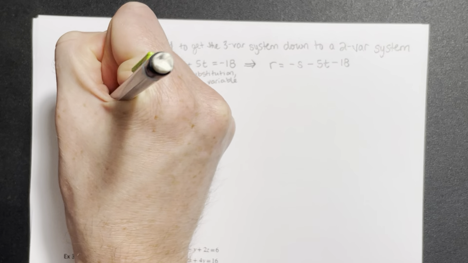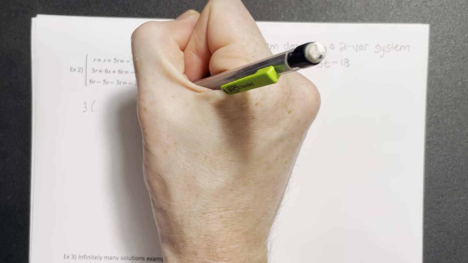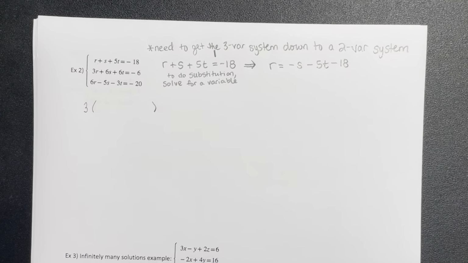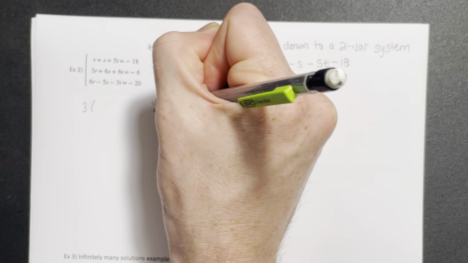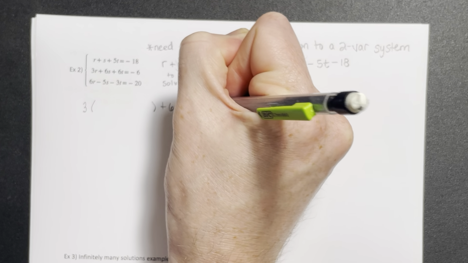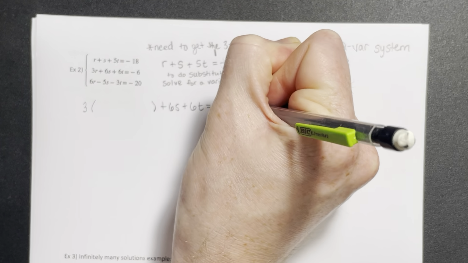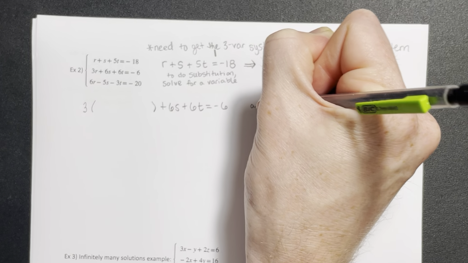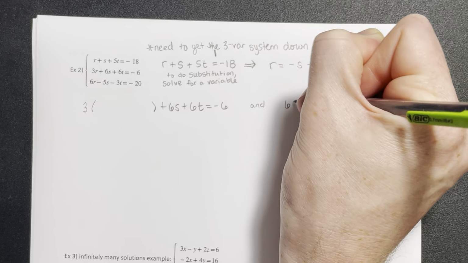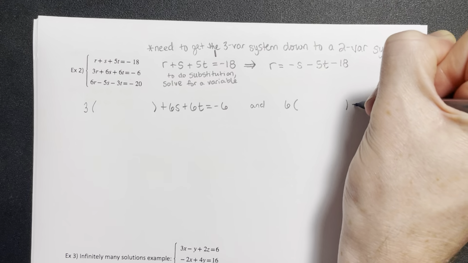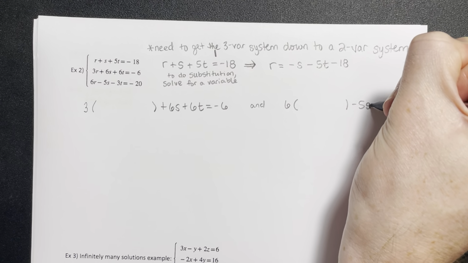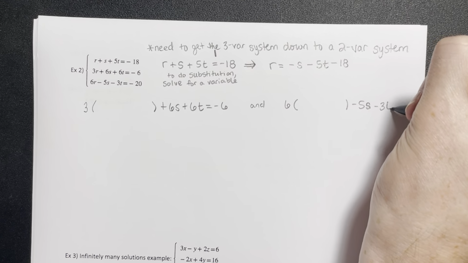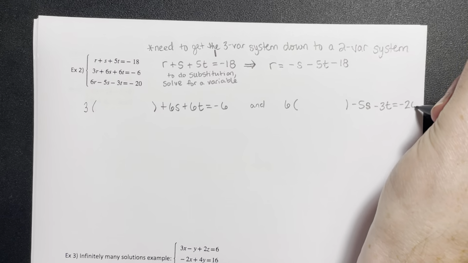So 3r, and I'm going to leave some space for whatever that r is, plus 6s plus 6t equals negative 6. And we also had 6r minus 5s minus 3t equals negative 20.